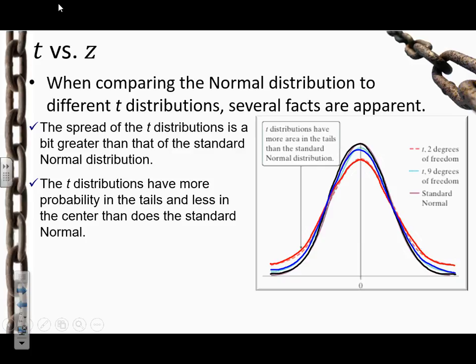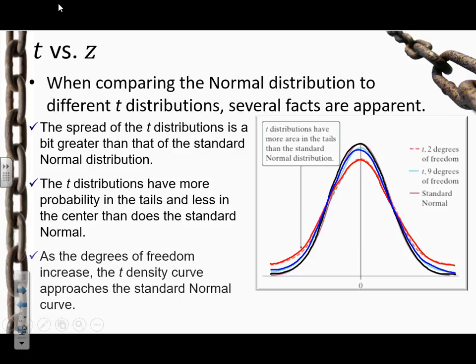But it's still going to have less area in the middle, more area out in the tails. So as the degrees of freedom increase, the t-curve becomes more and more like the normal curve, acting more and more like that normal distribution.